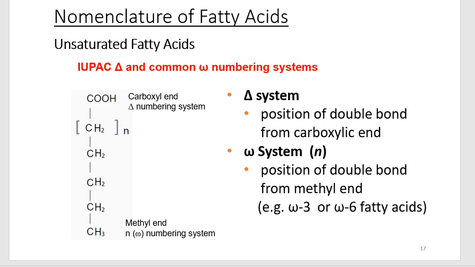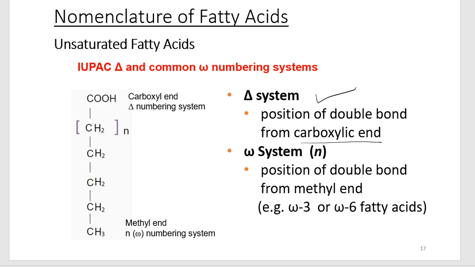Actually, there are two numbering systems, the delta and omega systems. So the position of the double bonds in unsaturated fatty acids is numbered by the delta system, starting from the carboxylic end. It's the position of the double bond from the carboxylic end.